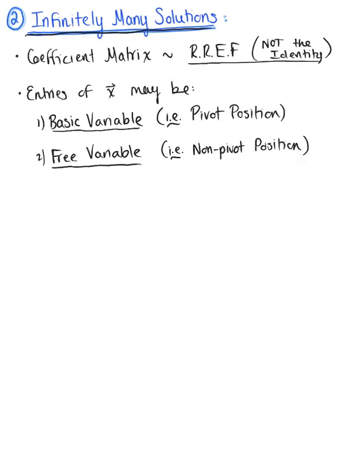So let's think of an illustration here to help us better understand how we're producing infinitely many solutions. For example, let's think about an augmented matrix here in row reduced echelon form, but not the identity. So let's say we have 1, 0, 2, 3, 0, 1, minus 4, 5, 0, 0, 0, 0.